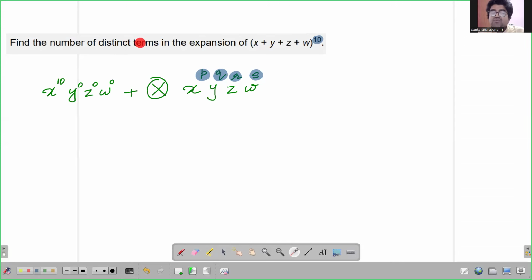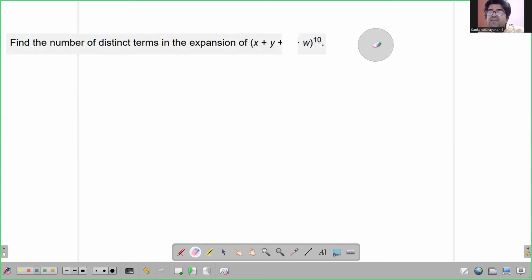What is the number of distinct terms? That is what they are asking you. So as far as this question is concerned, I am considering x to the power of p, and in that term there will be y to the power of q, z to the power of r, and w to the power of s.